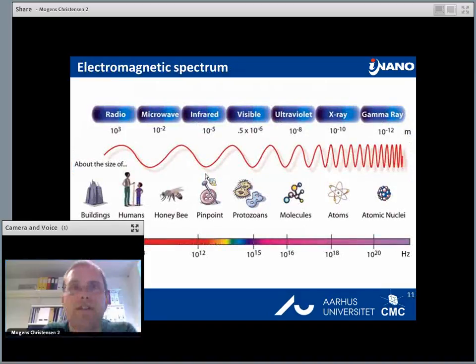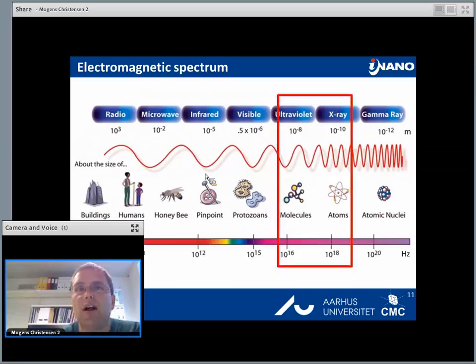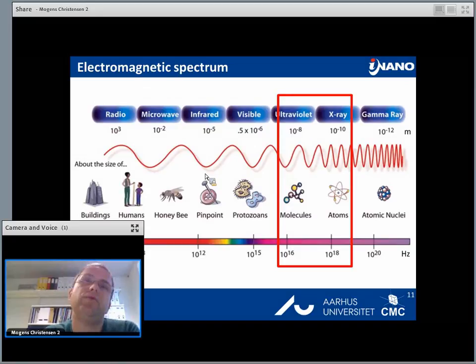To investigate the region, you have to have a probing tool on the same wavelength, or the same length scale. And here you see electromagnetic radiation, where molecules and atoms are found in a range scale of the X-ray and ultraviolet light. So this is the kind of photons we need to use if we want to probe this length scale.